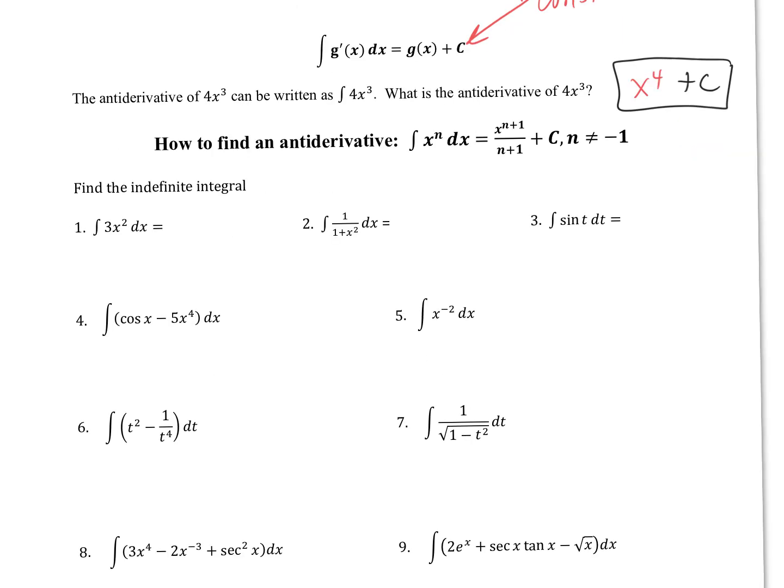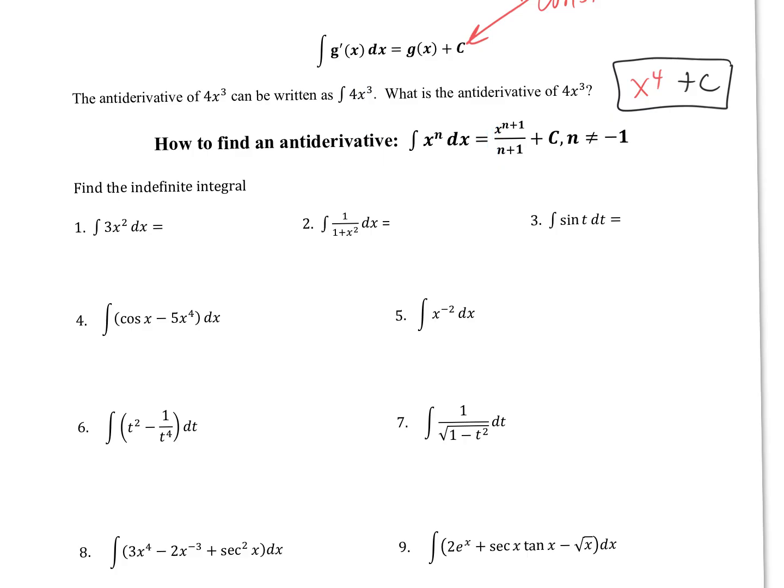How many people struggled with how to go from there to there? If we're struggling with that, this is the definition. This looks way harder than what it actually is. What does it do to that exponent? What's it telling you to do to that exponent? Add 1. If we added 1 to this exponent, what would that become? 4. There's that 4. Then what does it want you to divide by? The new exponent.